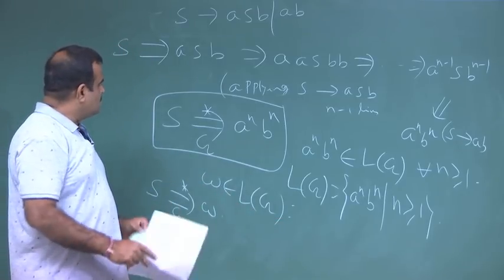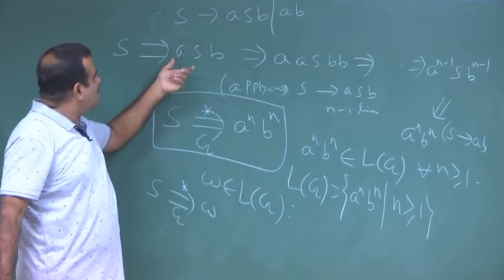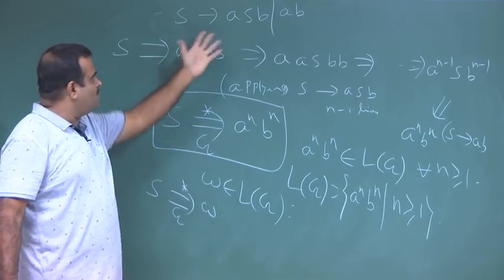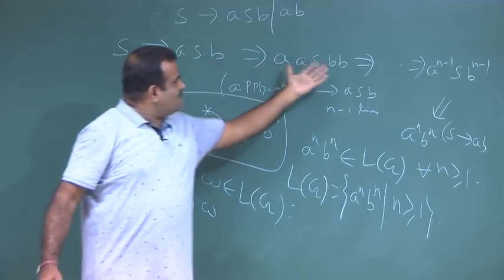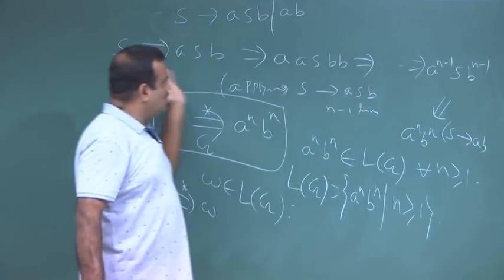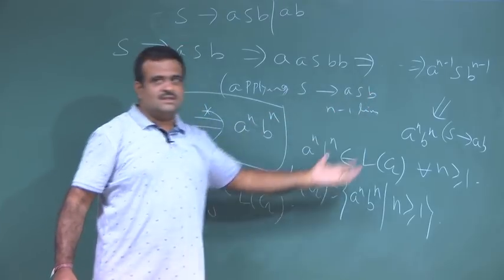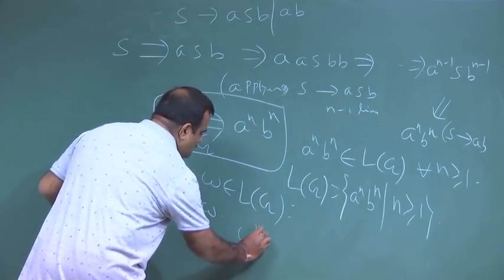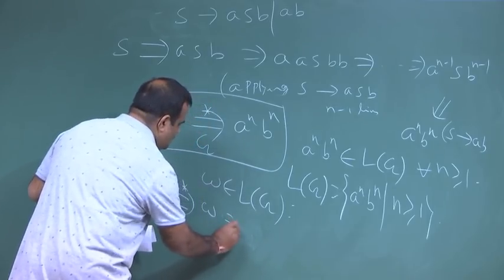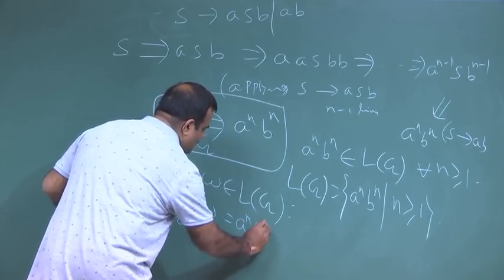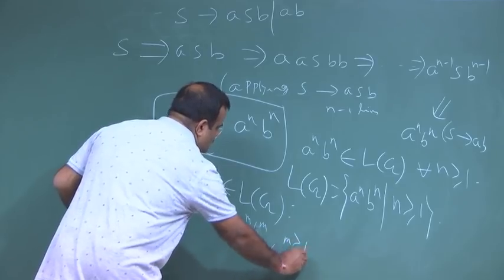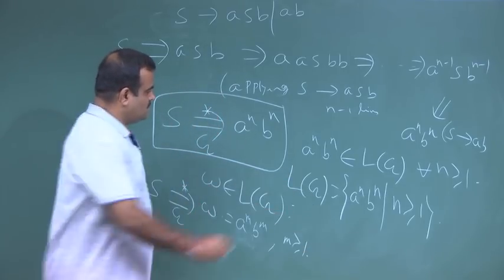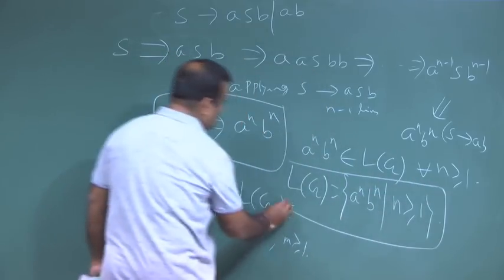Why? Because our rules are S goes to ASB or AB, so in any case w will be of the form a to the power m, b to the power m. So, this way we can argue, and eventually our L of G is this.